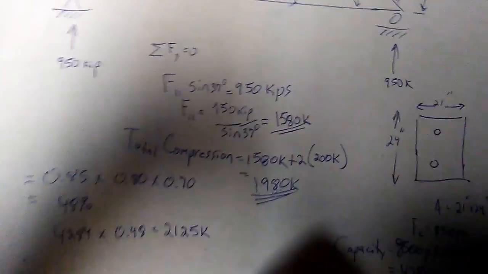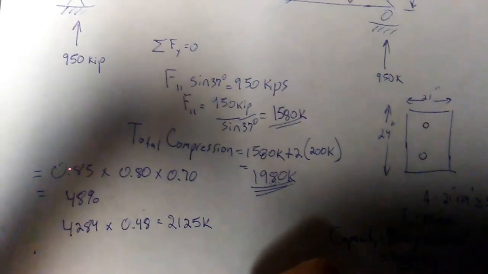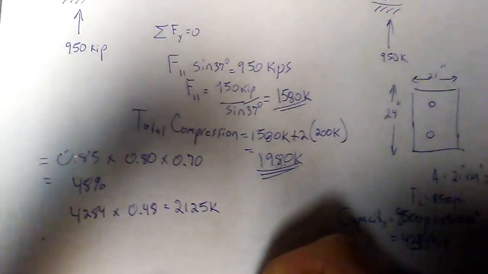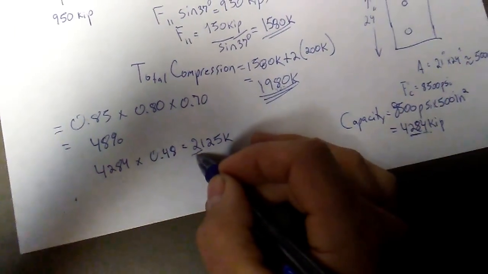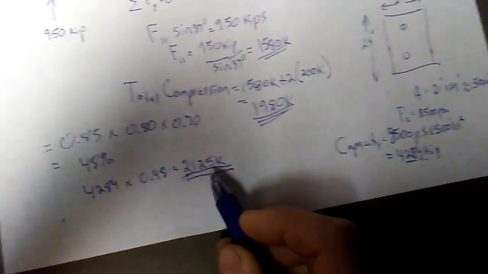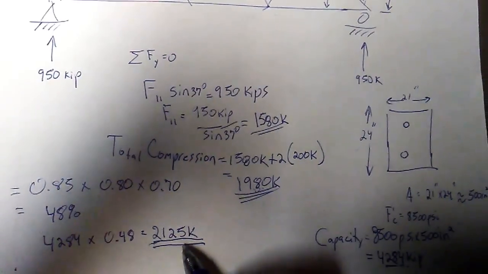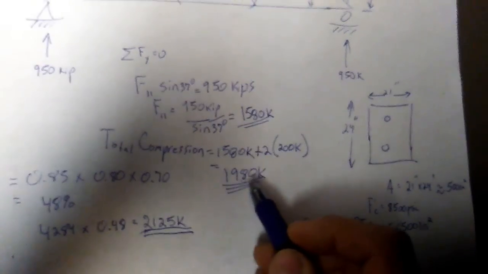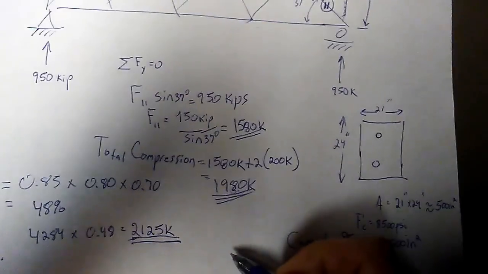I'm sure you guys will correct my math if I'm wrong. I'm looking at my previous numbers here, and I think that's about right. So 2125 kips now is, if I'm doing a design of this member, my capacity. I cannot exceed 2125 in my total compression due to self-weight, live load and post-tensioning.